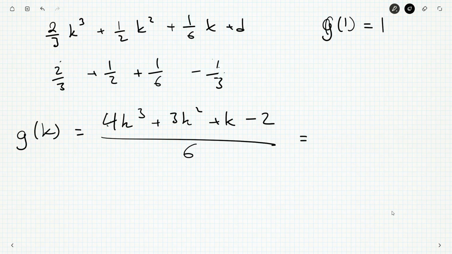Is there anything that really sticks out? So if I put in 0, I don't get 0. If I put in negative 1, I'll get negative 4 plus 3 minus 1 minus 2. So that didn't work.